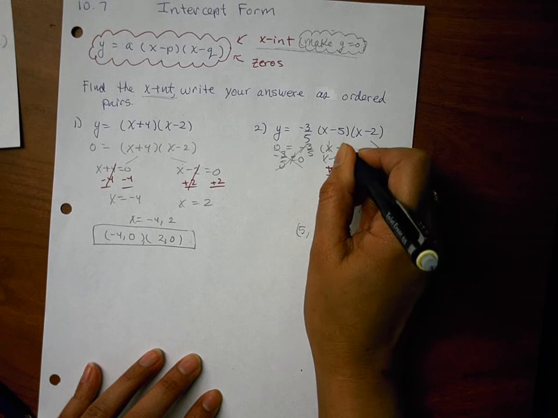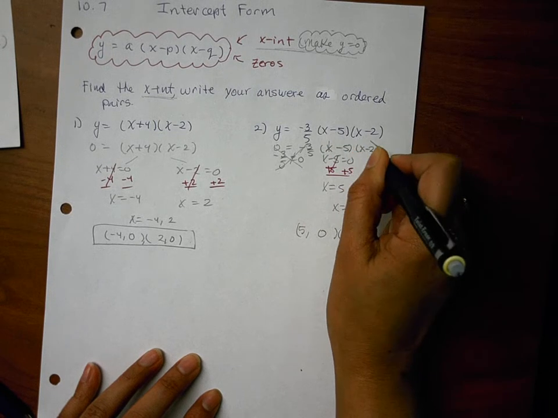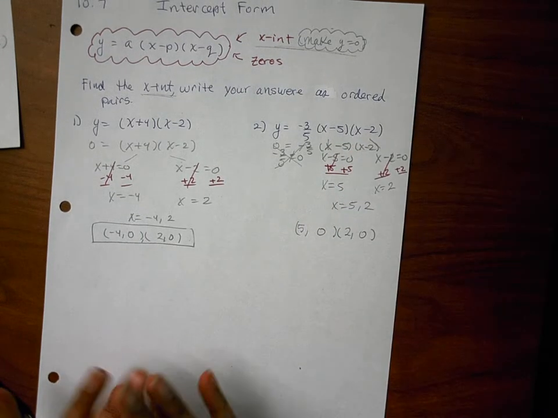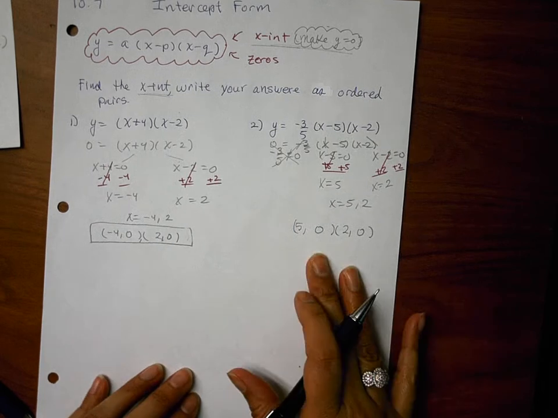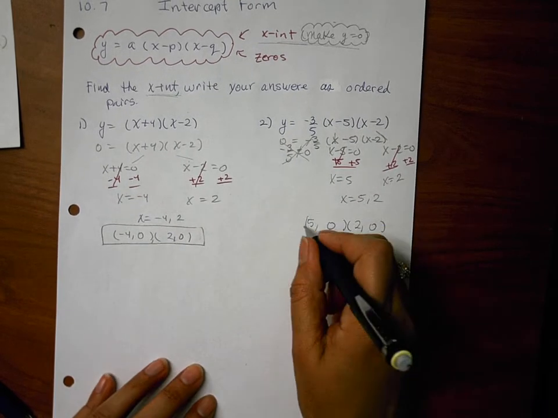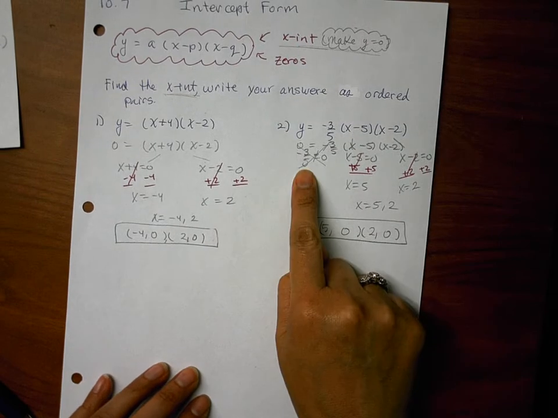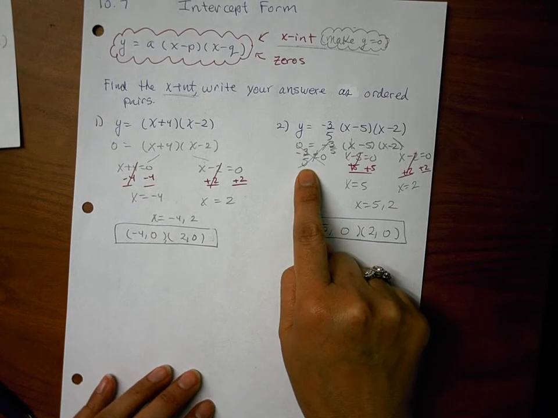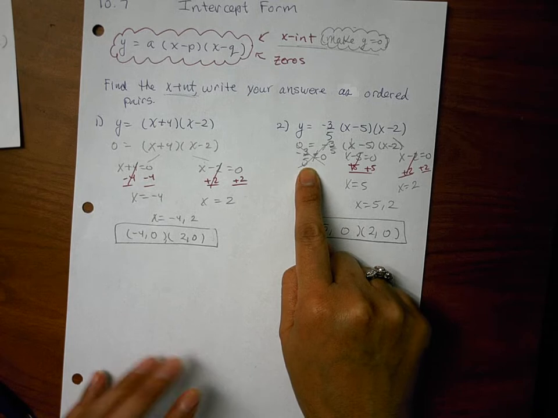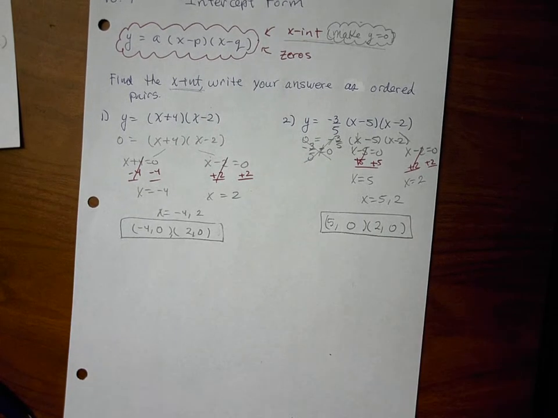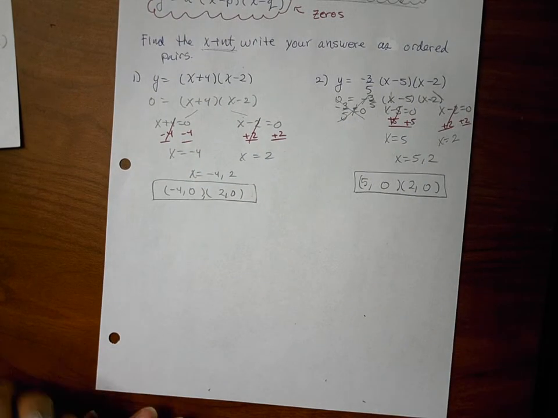My apologies if that confused anybody. If it didn't, we're good. Still know that I should have made it equal to 0. And we get our ordered pairs, 5, 0, 2, 0. Okay, so again, a number by itself, if that had been negative 3/5 x, say there was an x there with it, then you could divide and solve. But a number by itself has nothing to do with your intercepts.